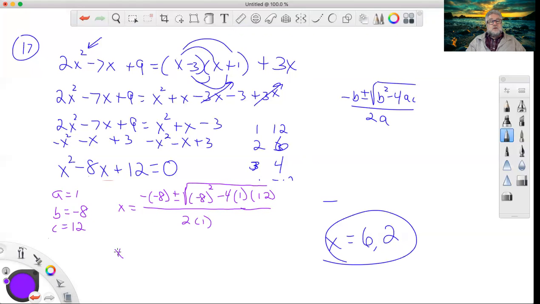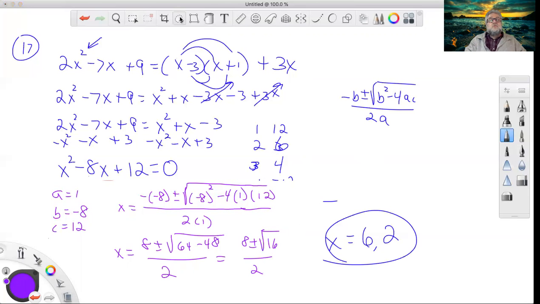So this will be x equals minus times minus is positive 8. Minus 8 squared is 64. 4 times 12 is 48, over 2. So 64 minus 48, that is 16. 8 plus or minus the square root of 16 over 2.